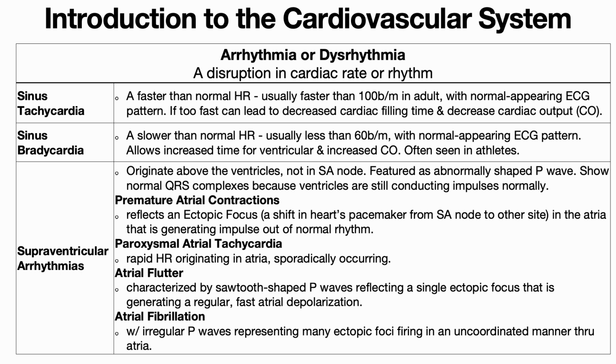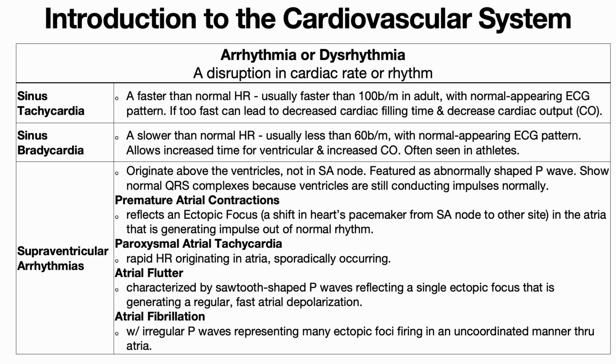Then the supraventricular arrhythmias. So these originate above the ventricles, not in the SA node. Featured as an abnormally shaped P wave. They show normal QRS complexes because the ventricles are still conducting impulses normally. And there are 4 supraventricular arrhythmias.